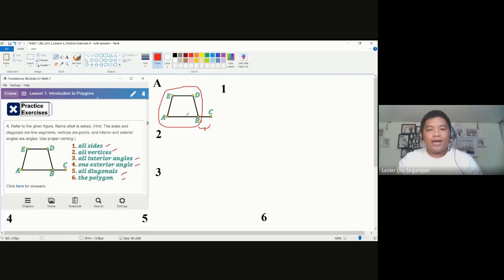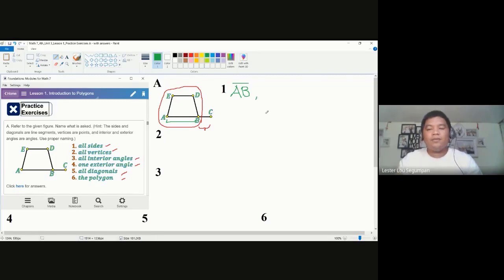When we talk about sides, the first possible answer here is the side AB. But when we write side AB properly, let's remember that these sides are also line segments. So if you're going to say AB, we need to use the proper notation for line segments with this bar at the top. So this is the first side of the polygon here.